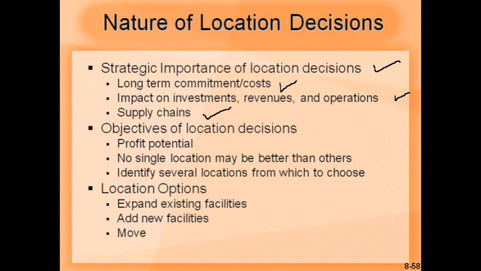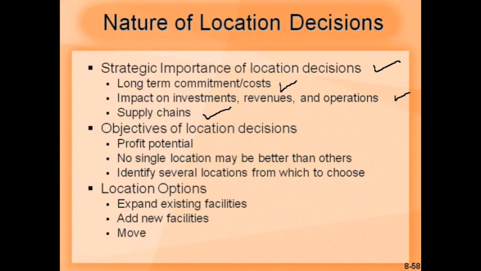On the other hand, if a company's location in the supply chain is towards the end, in that case they have to locate somewhere closer to the area where they can attract more and more customers. So supply chain also is very important in making location decisions.